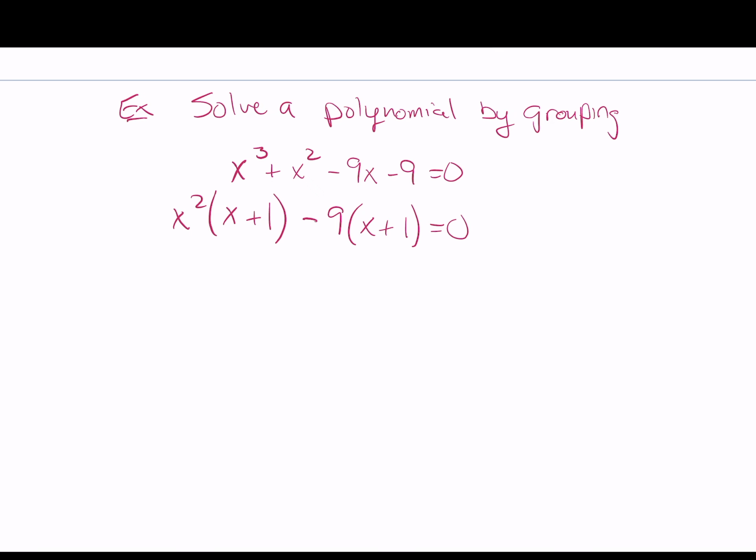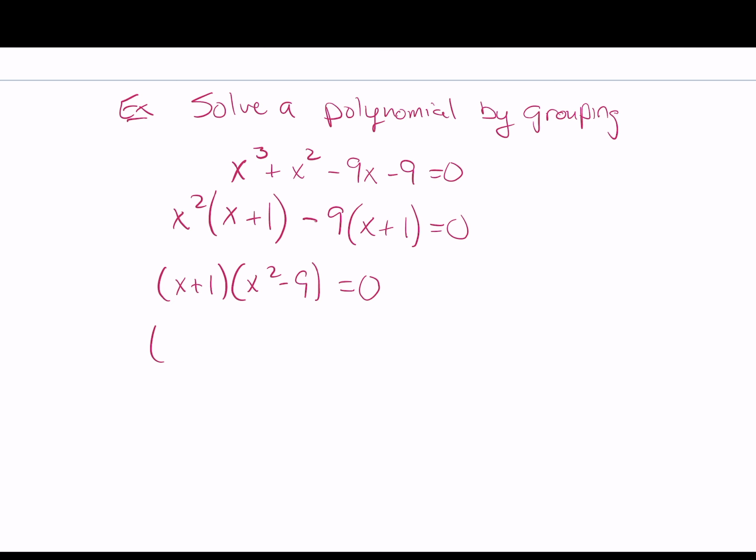So now we can factor out an x plus 1 factor, since we have that common to both terms. And what's left is x squared minus 9 is equal to 0. Well, there we have something again that is a difference of squares.